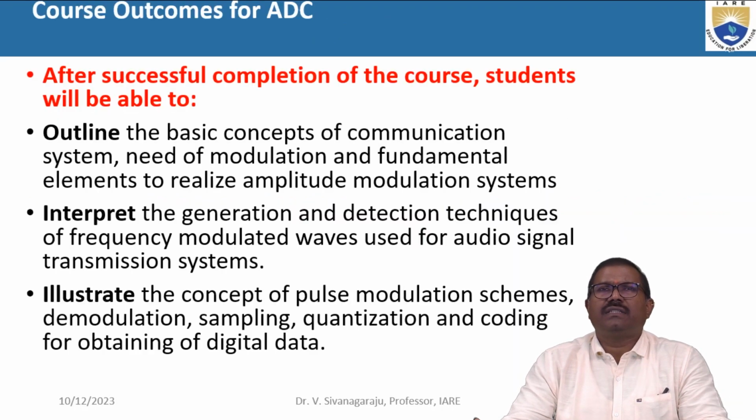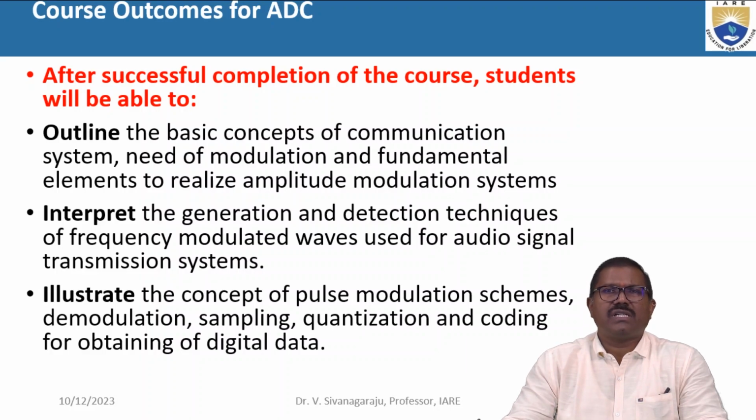Here I consider the course outcomes for ADC, analog and digital communications. After successful completion of the course, students will be able to outline the basic concepts of communication systems, the need of modulation, and fundamental elements to realize amplitude modulation systems.